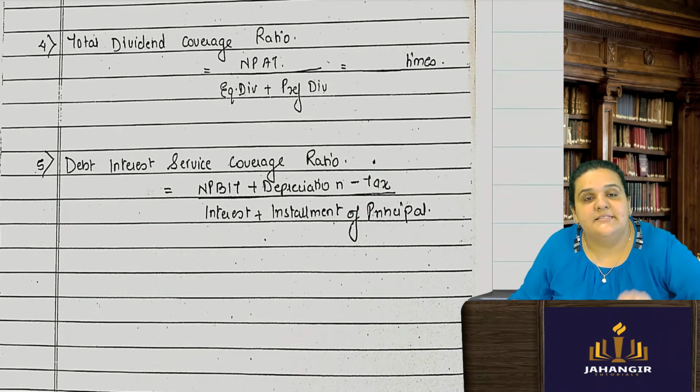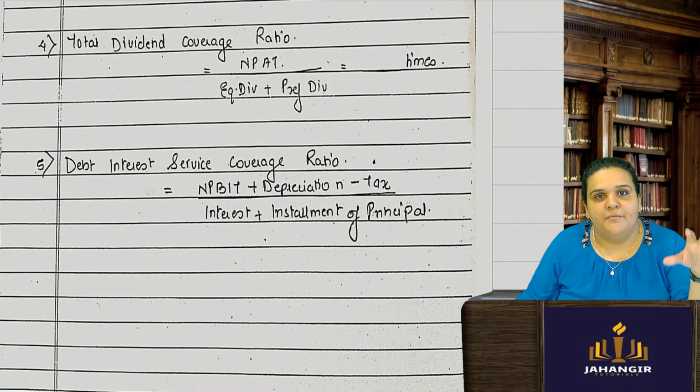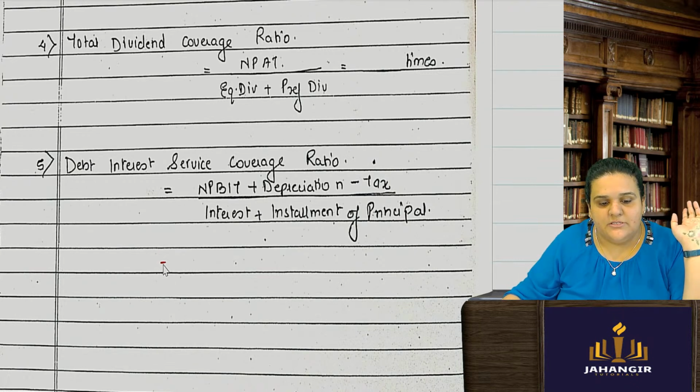And debt interest service coverage ratio is nothing but your net profit before interest and tax plus depreciation minus tax, or else you can just take net profit. But you have to take it like this. I'm talking about the debt interest service coverage ratio.